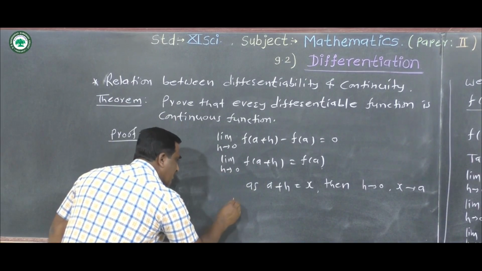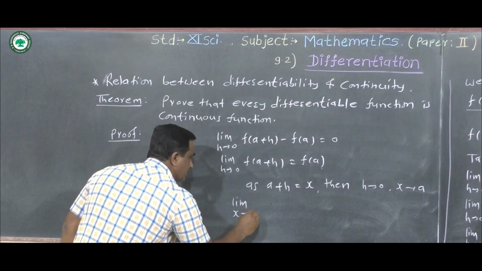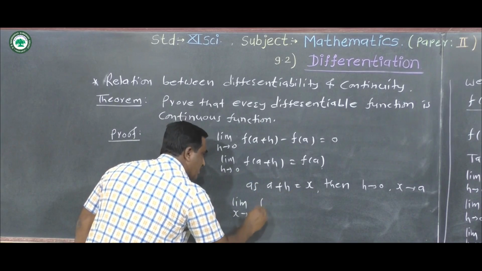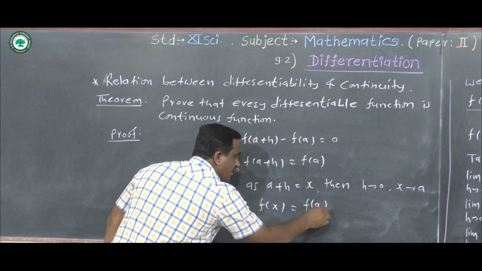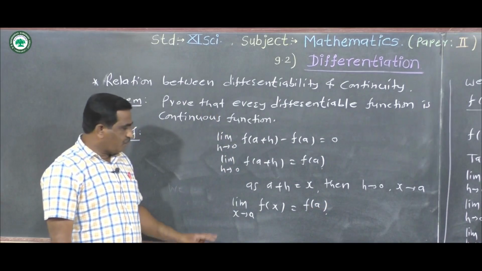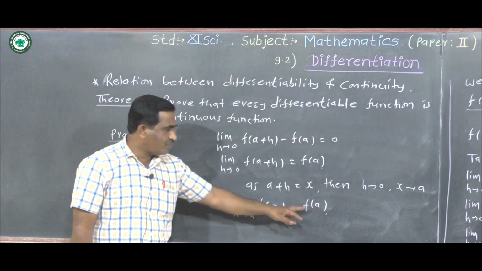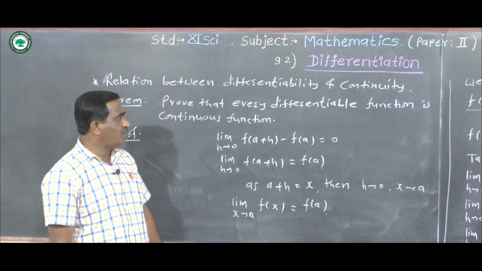Therefore we can write here limit x tends to a, f of a plus h means x, f of x is equal to this term, f of a, as it is. Now this proves that the function f of x is continuous at x is equal to a.